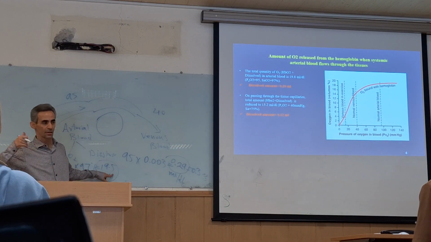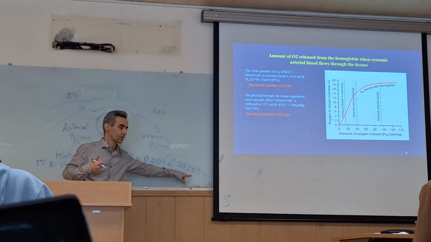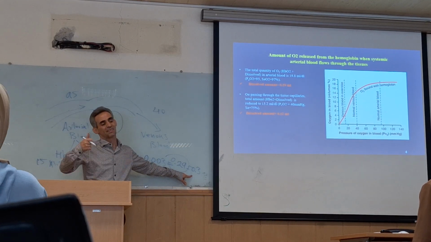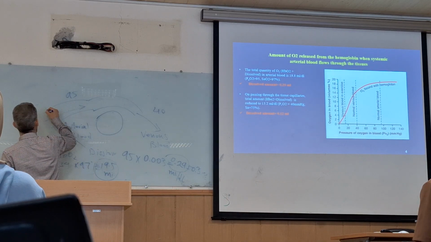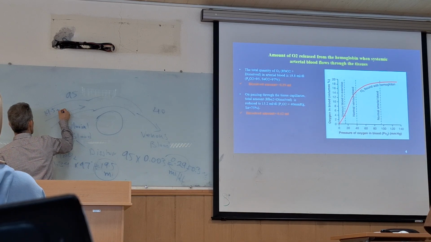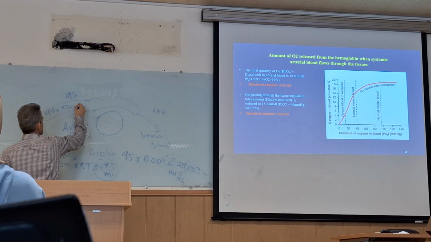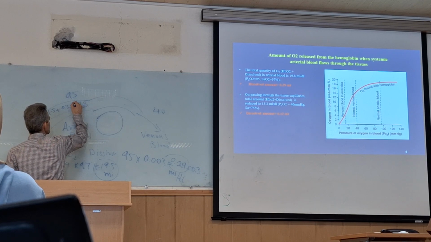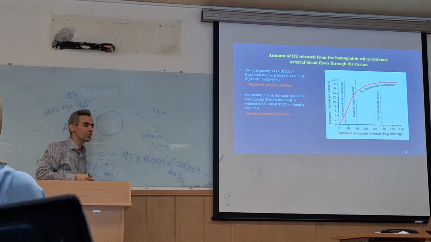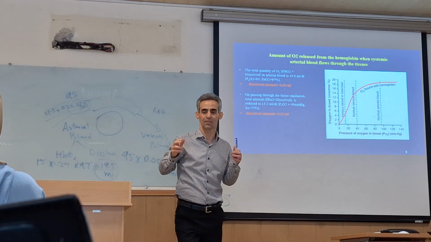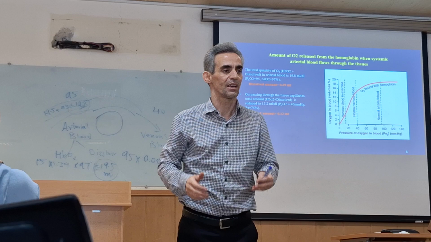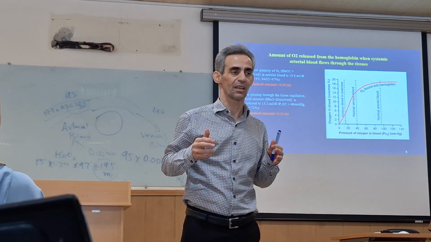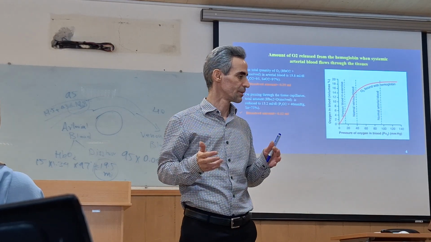19.5 by oxyhemoglobin, 0.3 milliliter dissolved. Both of them together are the total oxygen: 19.5 plus 0.3 is 19.8 milliliter of oxygen in each deciliter of arterial blood.